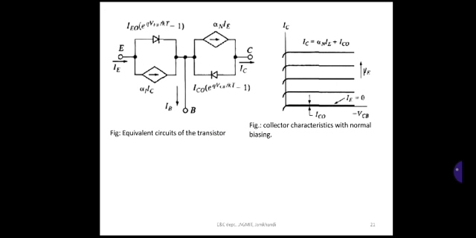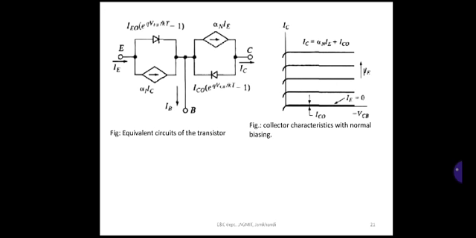So the resulting current characteristics of the transistor appear as a series of reverse biased diode curves displaced by increments proportional to the emitter current. That is shown in figure 2. It shows the collector characteristics with normal biasing. So the first figure is the equivalent circuit of the transistor, and the second one is the collector characteristics with normal biasing.